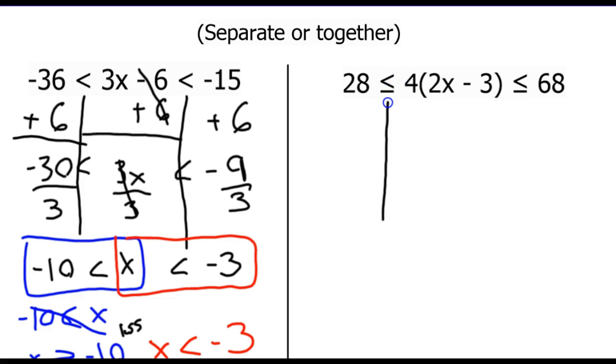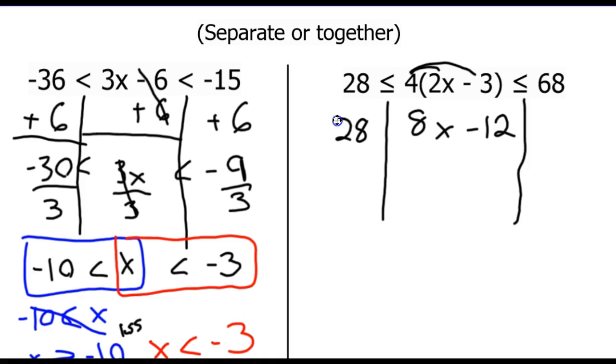Here again, we have to draw two lines down to separate all our stuff. Here we have 4 outside of parentheses, so this means we have to distribute the 4. So 4 times 2x gives us 8x, and 4 times negative 3 gives us negative 12. So we still have the 28, which is less than or equal to, and less than or equal to 68.